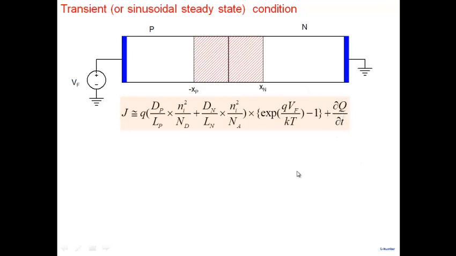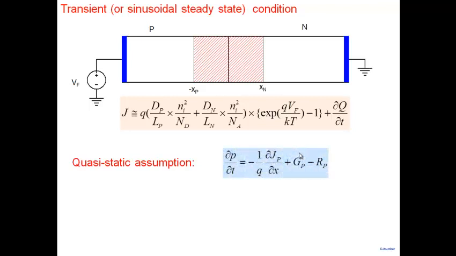And so now, throughout the discussion, the assumption that we will be making is a quasi-static assumption. So we are looking at transient, but we are looking at transient. For example, the current we have written as a function of voltage.